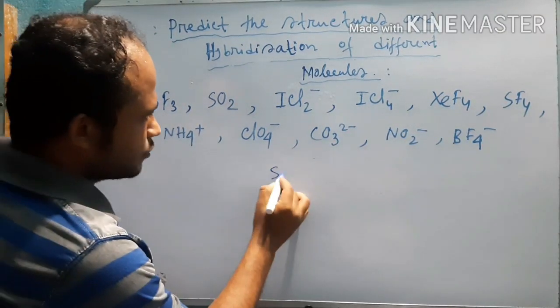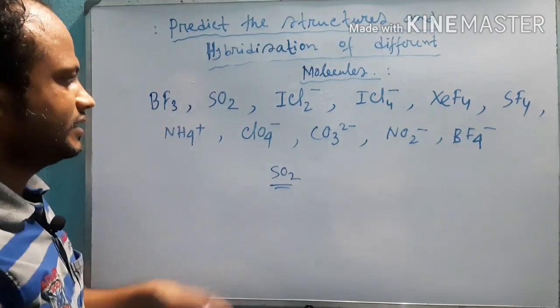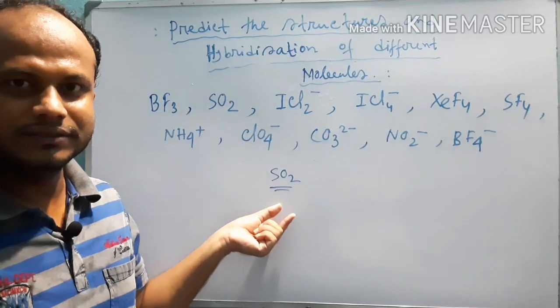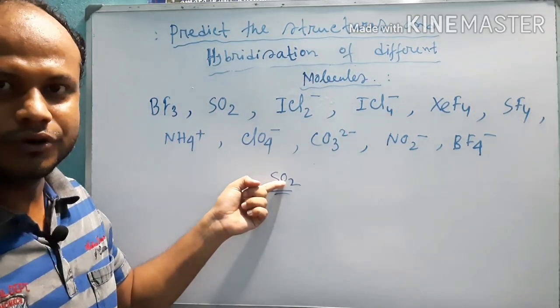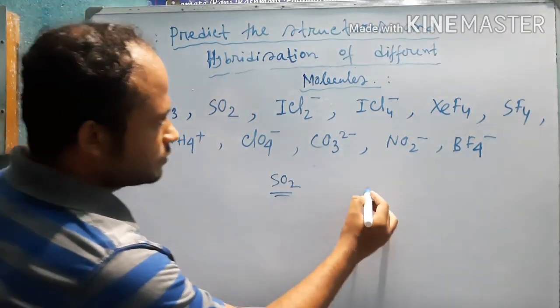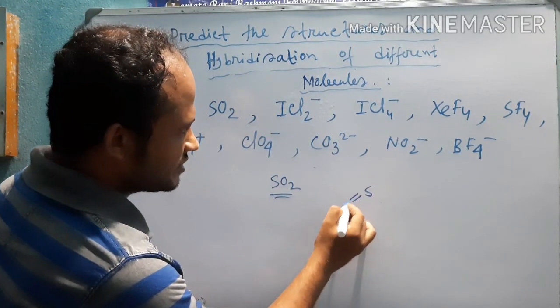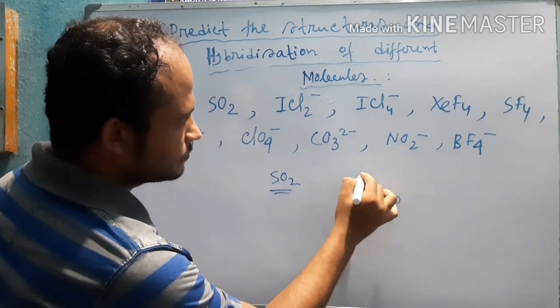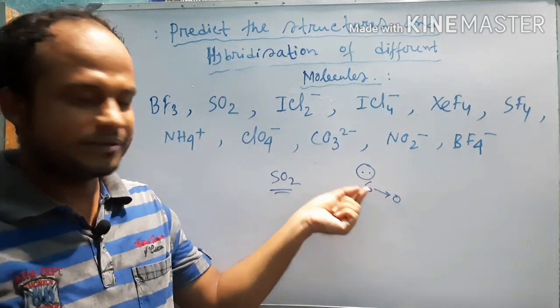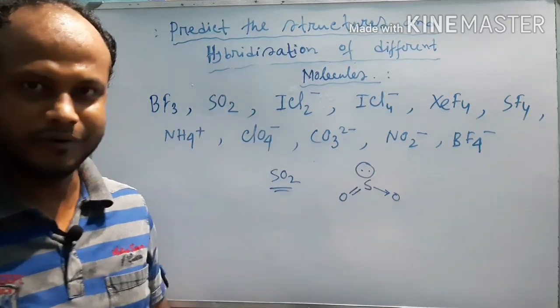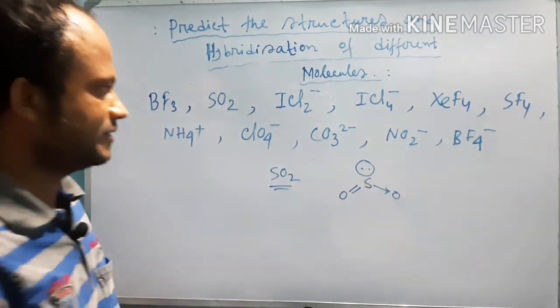Next is SO2. Here the valence electron of sulfur is 6 and it is attached to 2 oxygen atoms. So the probable structure, we already know this, is an angular structure due to the repulsion between lone pair and bond pair.